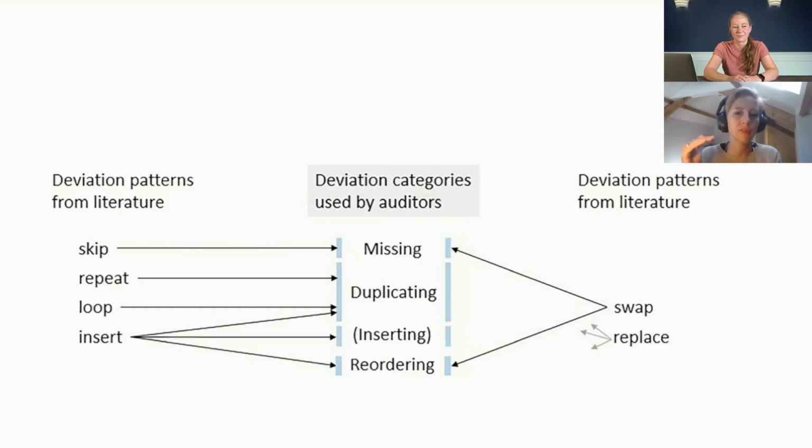And then we started from those categories that were on the slide, the theoretical categories, as we call them. So the process deviations, and here you see the skip, repeat, loop, insert, swap, replace. So we made sure that we have from these different categories enough examples, but different ones.